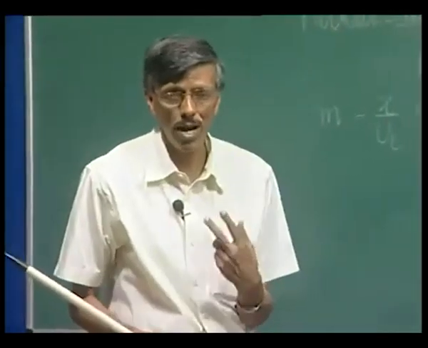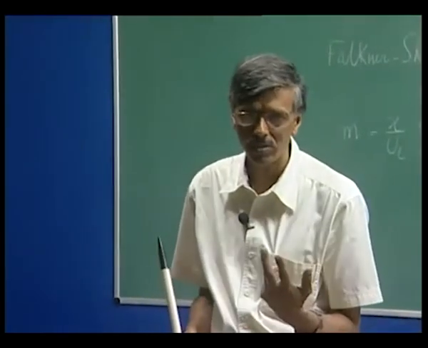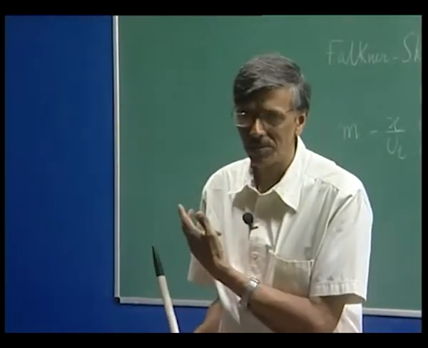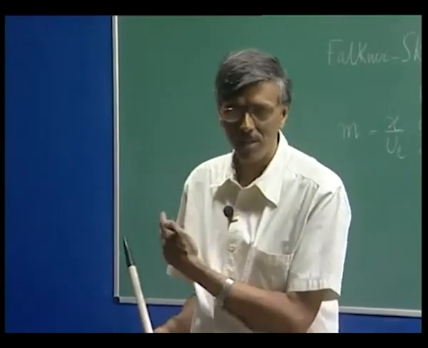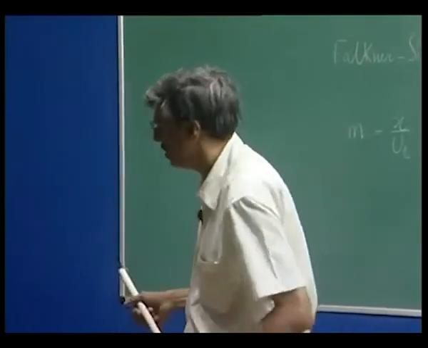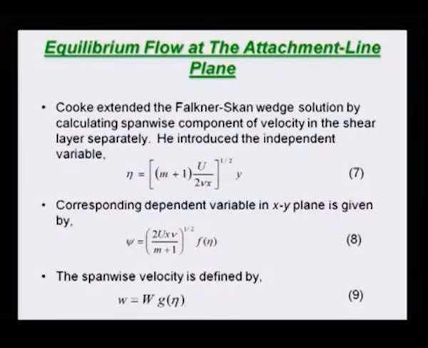So, basically we are trying to depict the flow in terms of 2 quantities, a stream function which is given in terms of its non-dimensional value f, and a non-dimensional spanwise velocity component which is given in terms of g of eta.